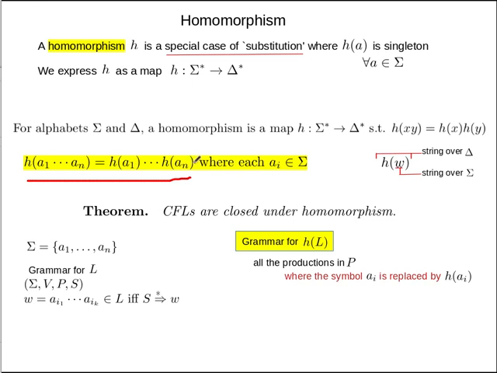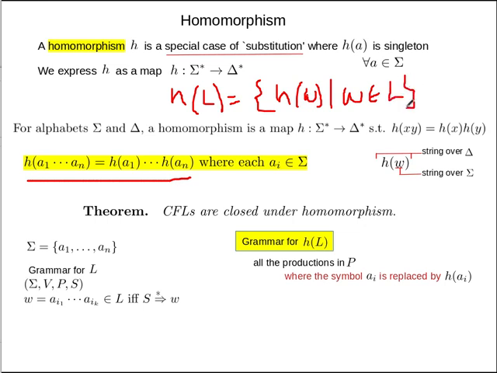Once we have defined h of w, h of L is nothing but the union of all the h of w, where this w is coming from L.